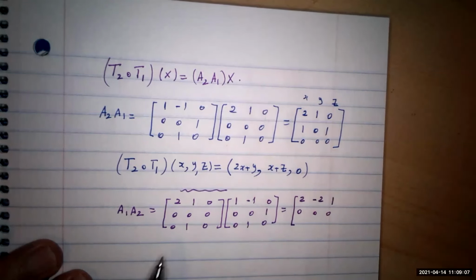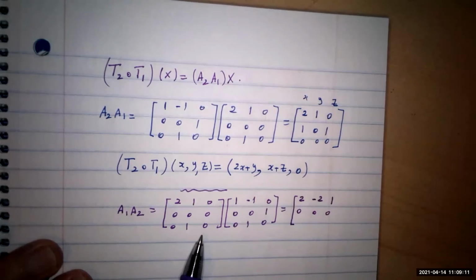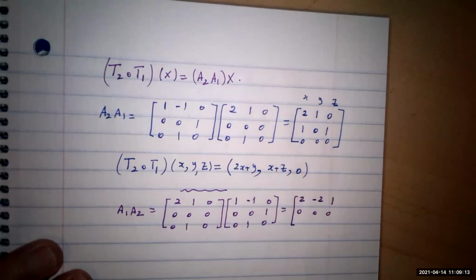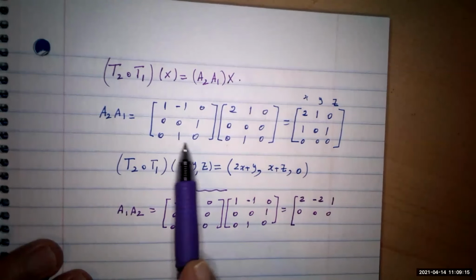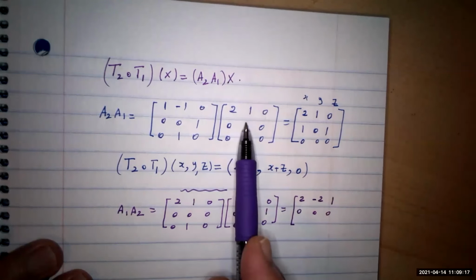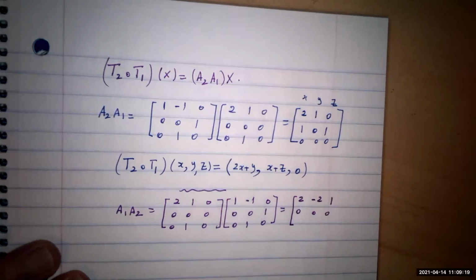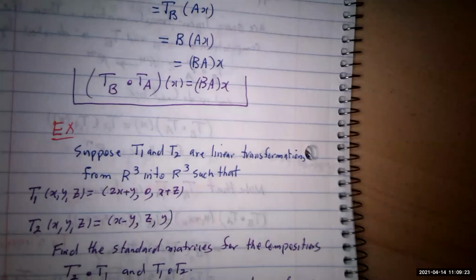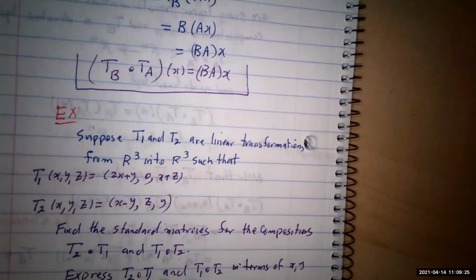And if you do this one, I think I missed something. This is 2, 1, 0. I'm sorry, this must be A2. Let me just check A2 again. That was 1, 0, 1 and 0, 1, 0.